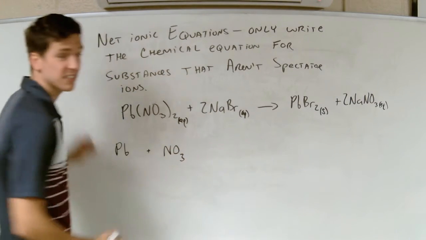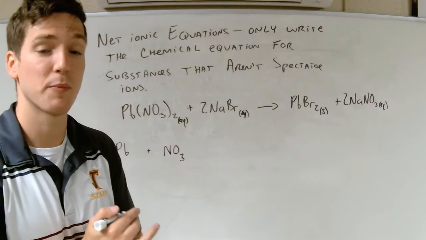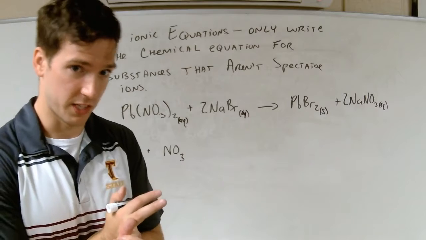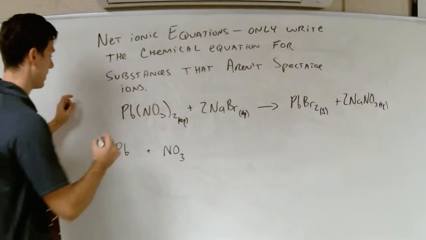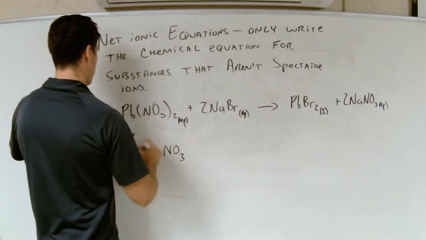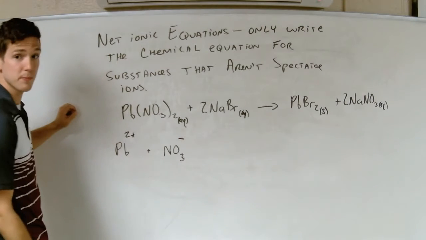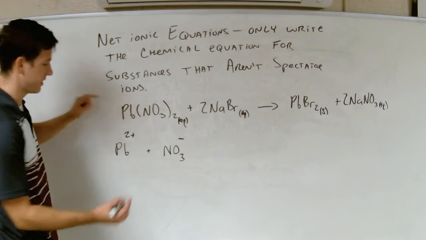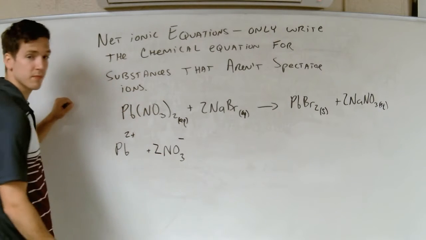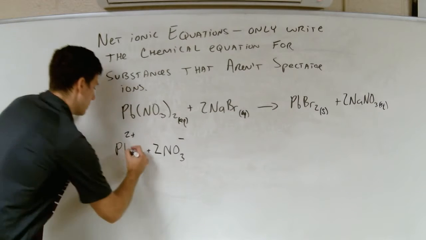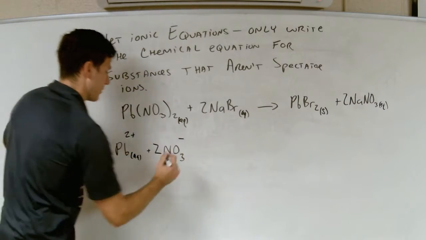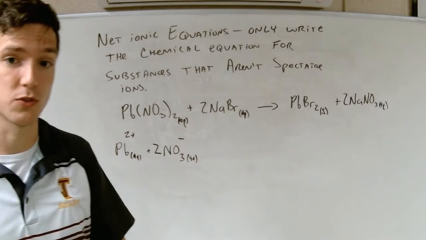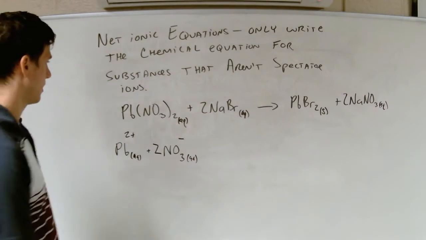You have to list the charges, how many of each ion there are, and the state of each ion. So the charge on lead is 2+, nitrate is 1-. I only had one lead here, but I had 2 nitrates here. Lead is aqueous because it came from an aqueous solution, and nitrate is aqueous because it came from an aqueous solution. Okay? First one done.